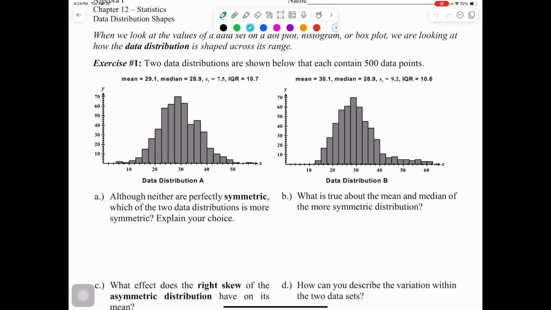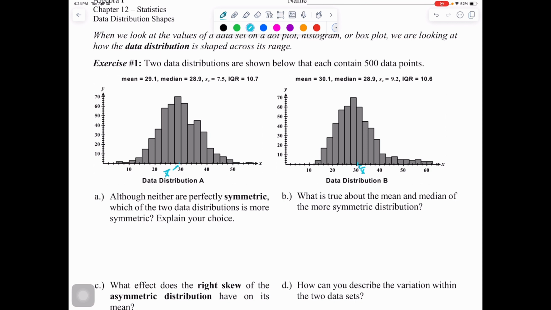So with a mean of 29.1, you're kind of just below, and we're going to point that and call it the mean. Over here, your mean is 30.1, so you're kind of just above.